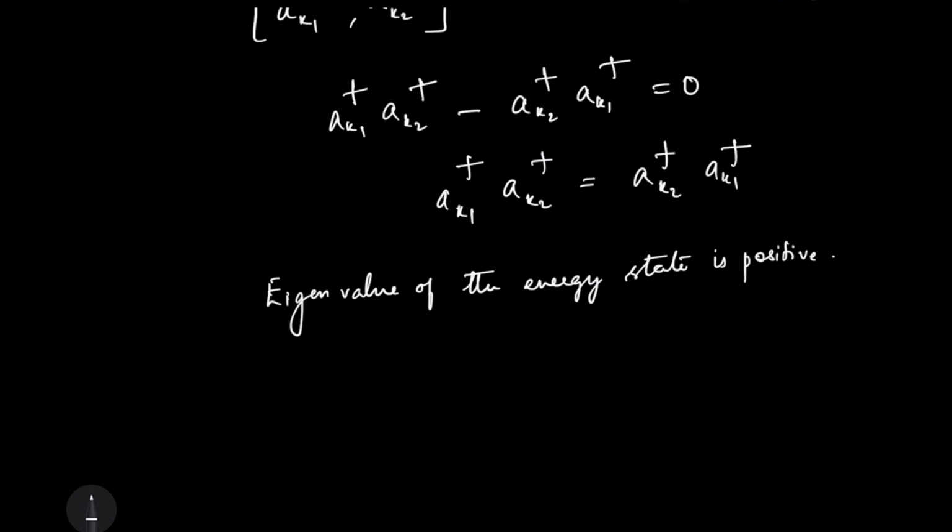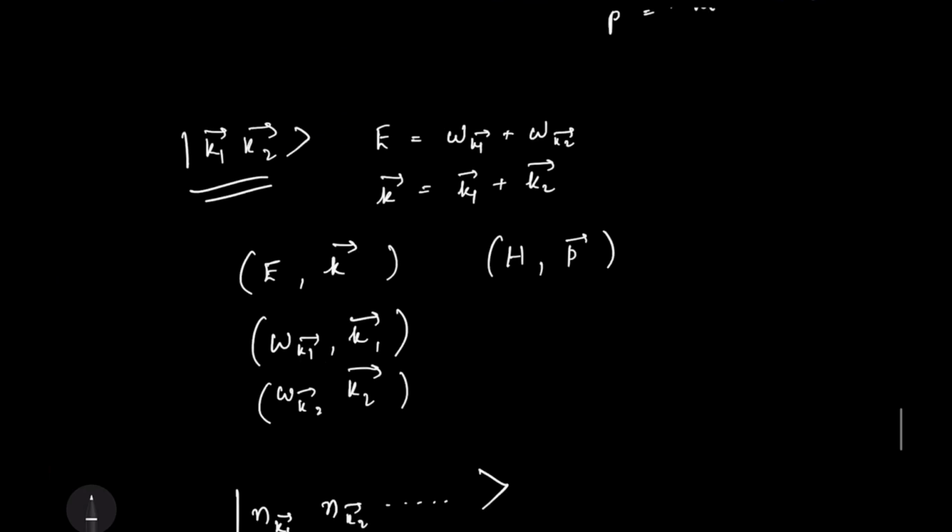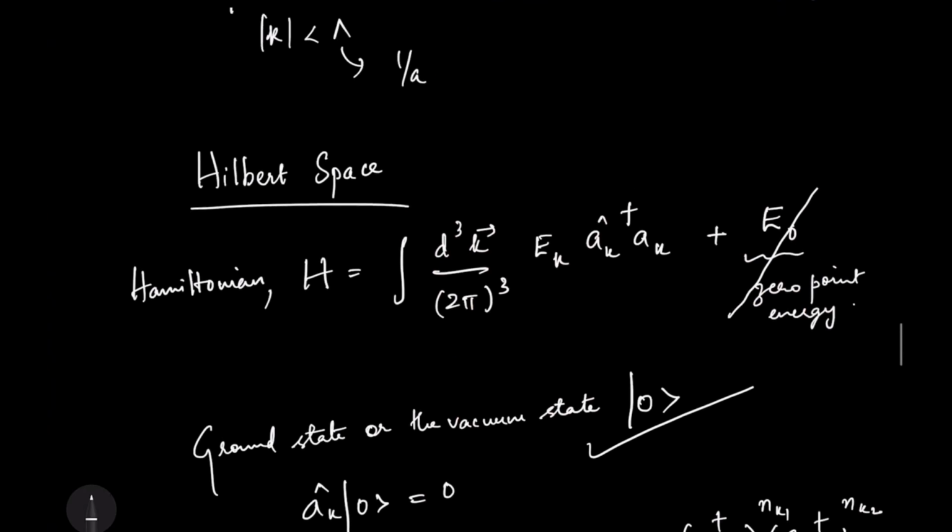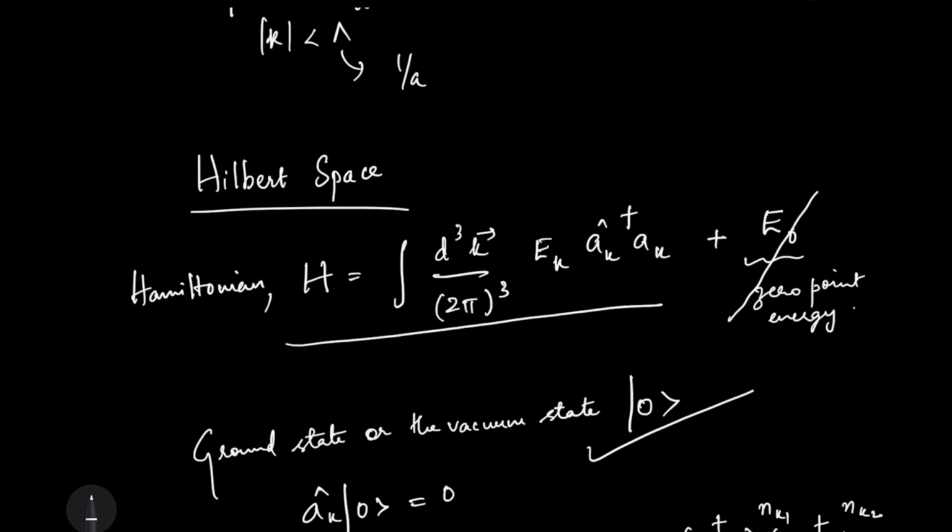All the particles will have physical energies, and the total energy of a state will be equal to the sum of the energies of all the particles. This also says that there is no interaction. In the Hamiltonian you can see that this is good evidence that there is no particle interaction.